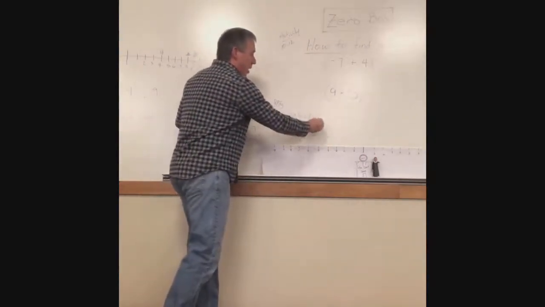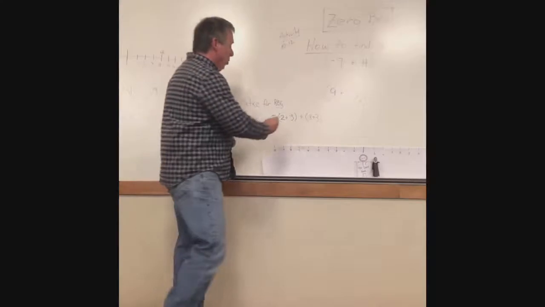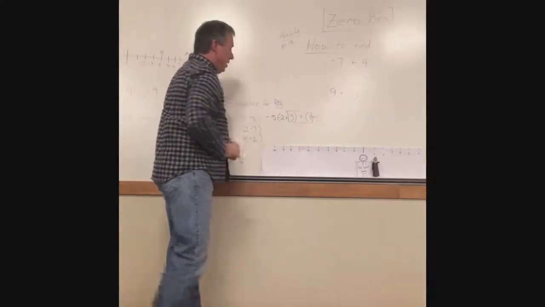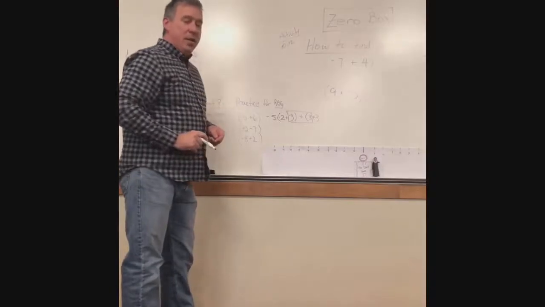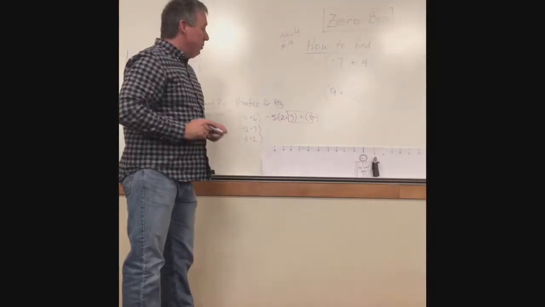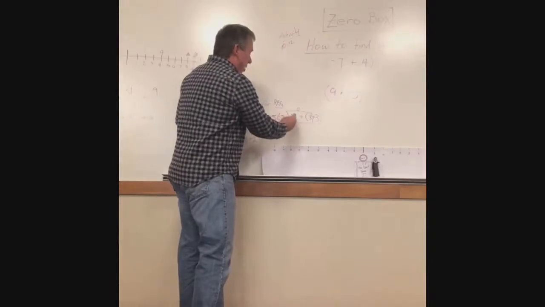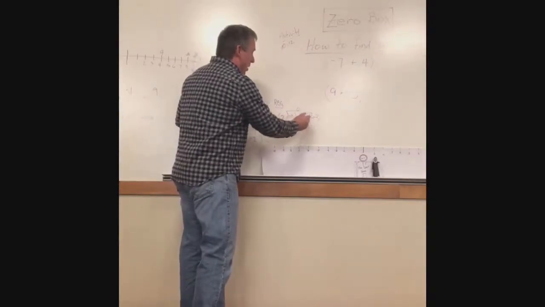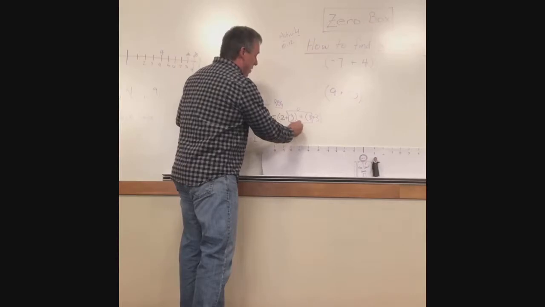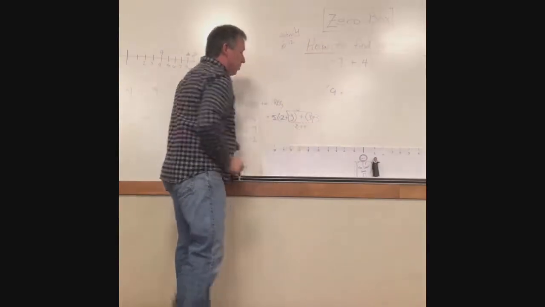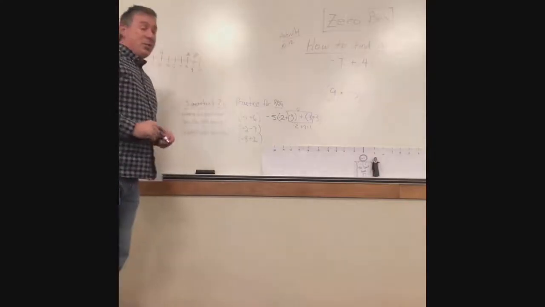To make our 0 box, we're going to want to take those two, that minus 3 and the plus 3, to make a 0. That is 0. Which leaves us with minus 2 and plus 3. What's minus 2 and plus 3? 1. And that's where she's at.